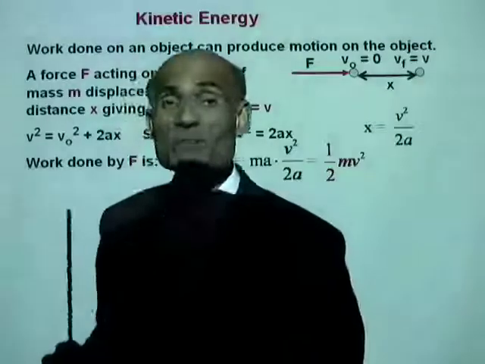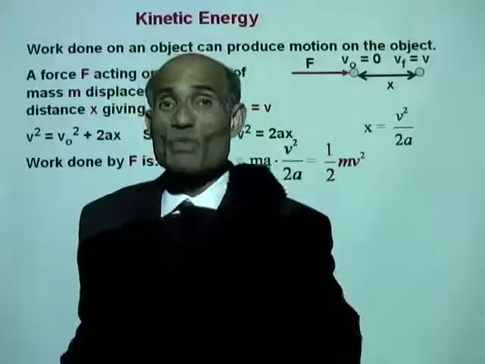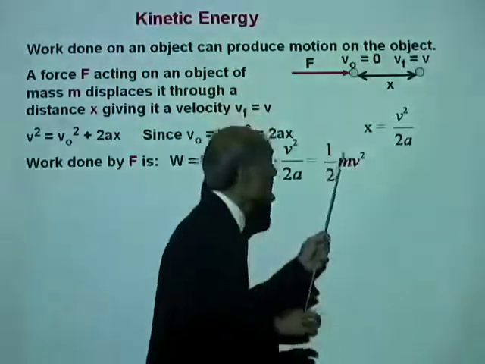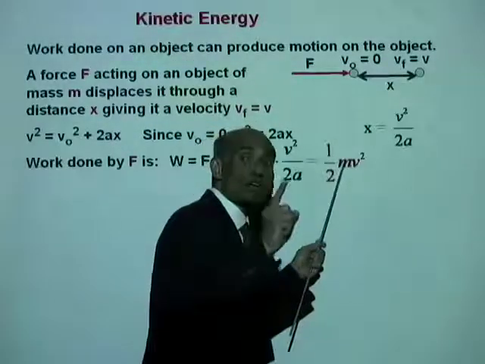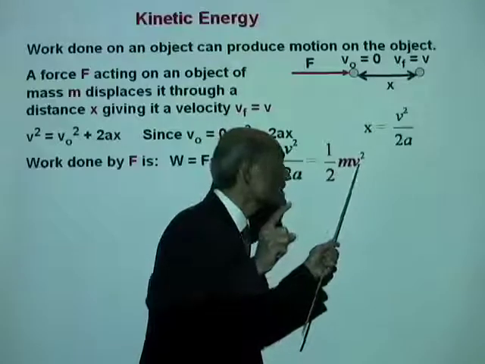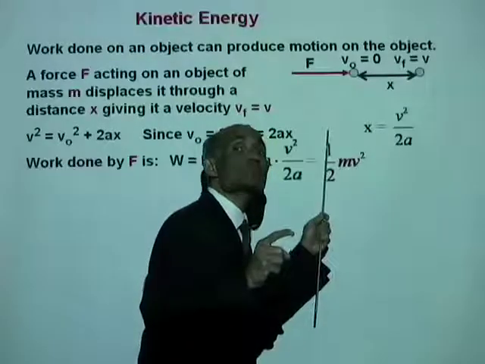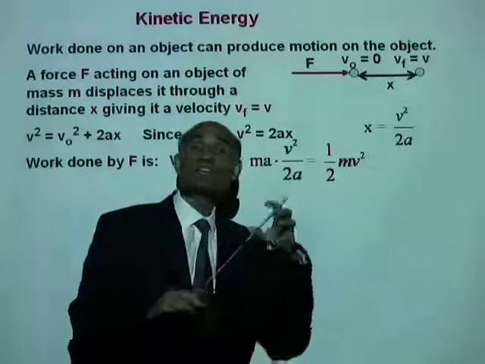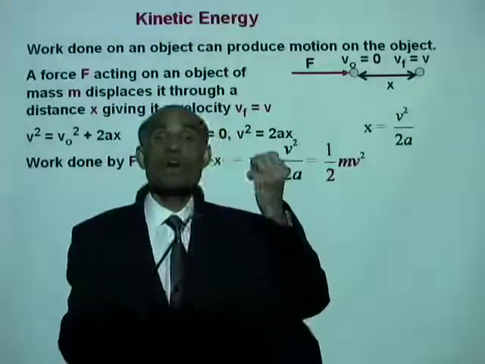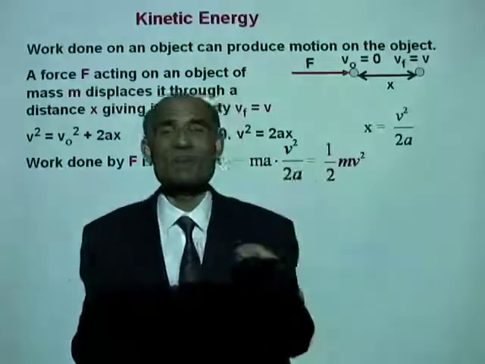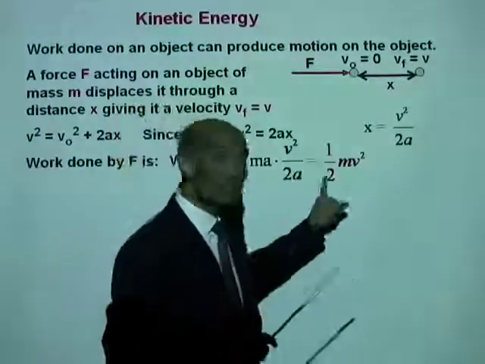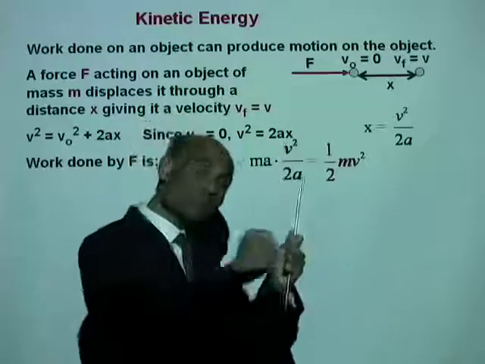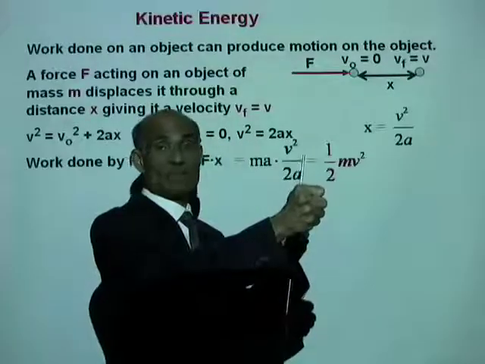Now listen to the statement I'm going to make here. The work done on an object of mass m, in order to give it a velocity v, is equal to 1/2 mv squared. And it is this quantity we call the kinetic energy of the object, because this is a measure of the work done on the object to give it that velocity.